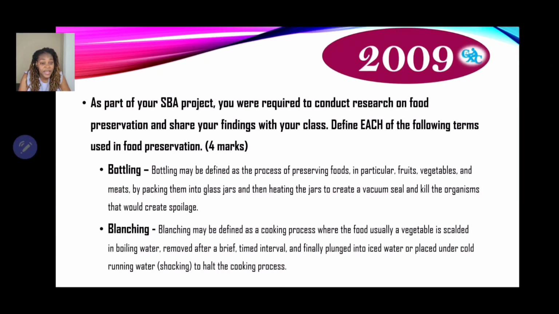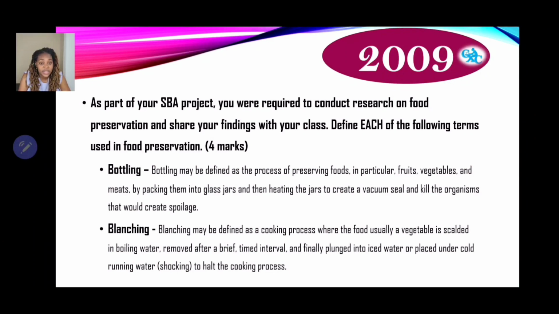So when we speak of heating, we may speak of sterilization or pasteurization, to create a vacuum seal that kills the microorganisms that would create spoilage.